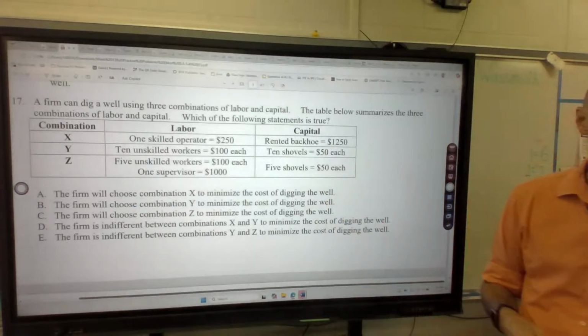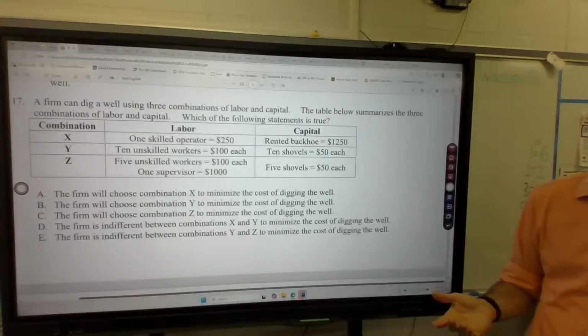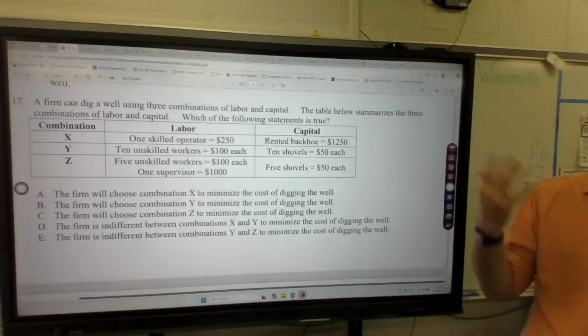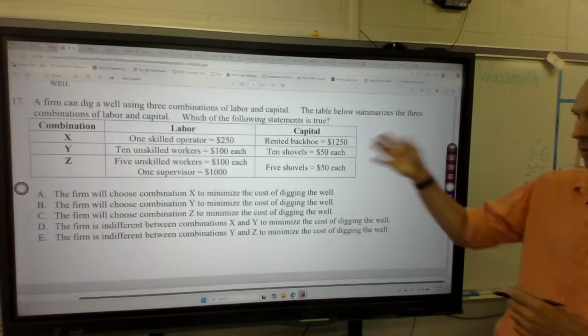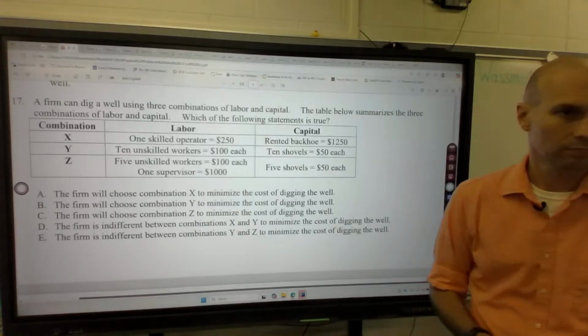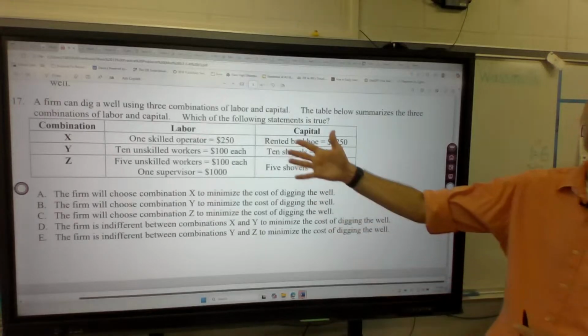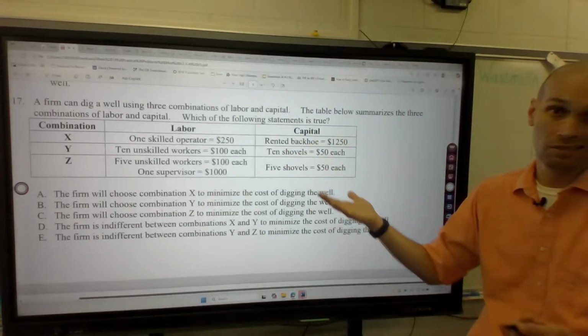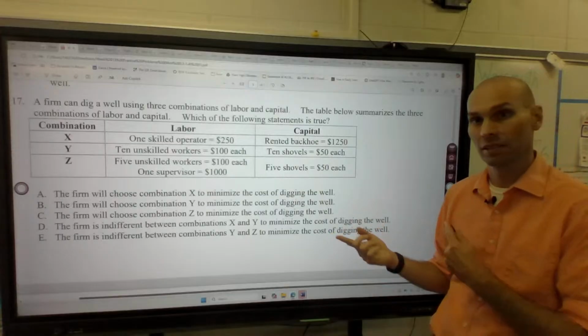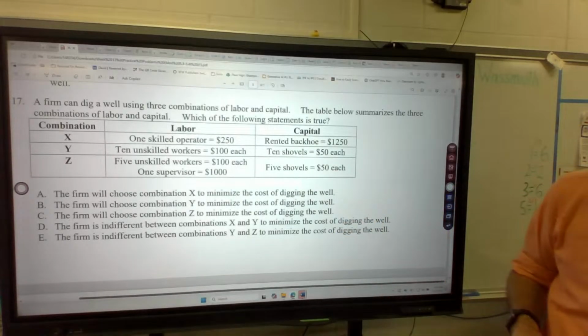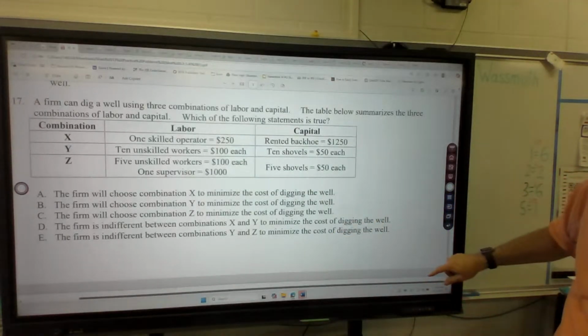So X and Y are both 1,500. So which one's better? You can't choose. They're both equally productive or both equally efficient. Pick X or Y. Easy enough? Questions? But be able to calculate. You're going to see this on things, maybe different numbers, maybe the same. Who knows? Read carefully. All right, 19.